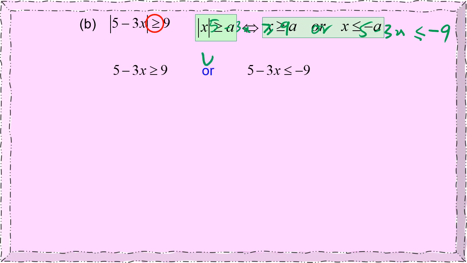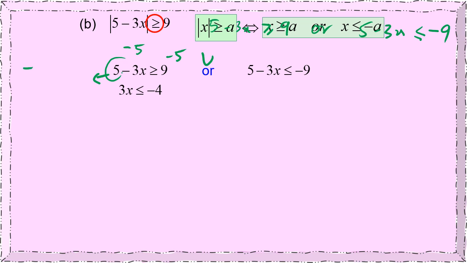We solve the left side, and we get negative 3x more than or equal to 4, so 3x is less than. For this step, maybe some of you are asking how we get 3x less than or equal to negative 4. The next step I usually do is eliminate the 5, so I subtract 5 on each side.